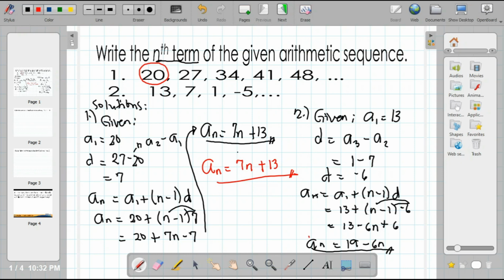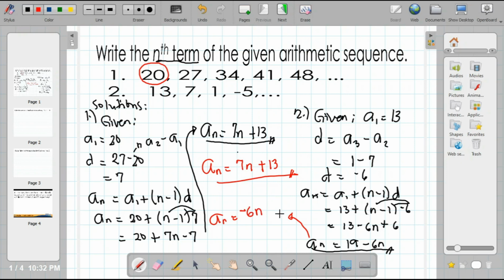What about number 2? Let me check if we get the same answer. So our a sub n is equal to, again, first we find the common difference. What is the common difference of our second arithmetic sequence? It is negative 6. So negative 6, then attach n.